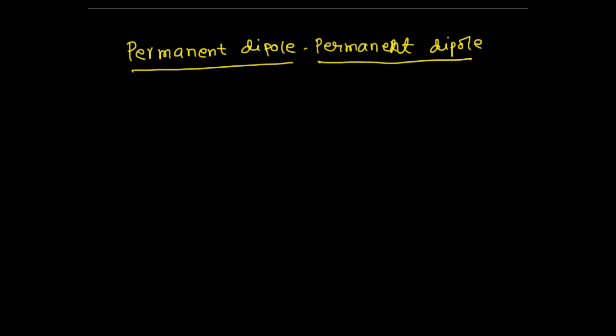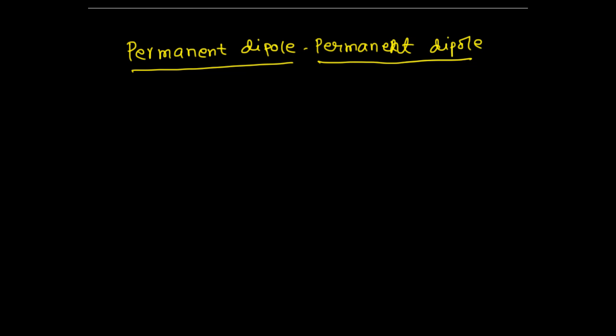Just now I told you that delta minus and delta plus mean the polarity, that is, they show the electronegativity difference between two atoms in a molecule. So that means dipole. Dipole means two poles, that is delta plus and delta minus. If a molecule contains delta plus and delta minus, then it is said to have a dipole because it has two poles, a delta plus pole and a delta minus pole.